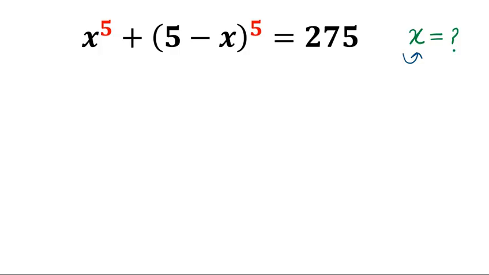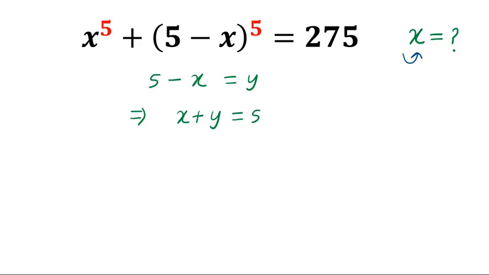Now let's start the solution of this question. Look carefully at the left hand side: here x^5 plus (5 - x)^5. Here we will apply substitution. If we substitute 5 - x = y, this implies x + y = 5.